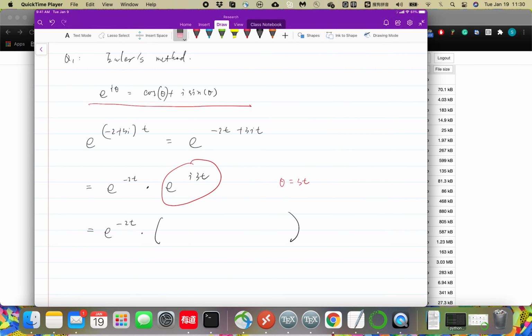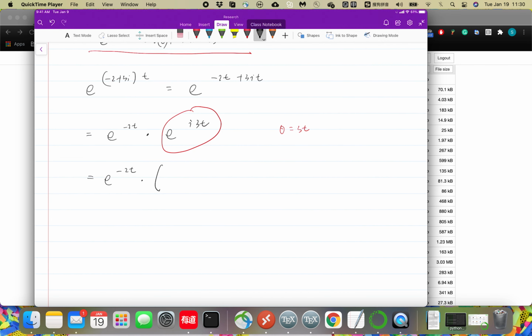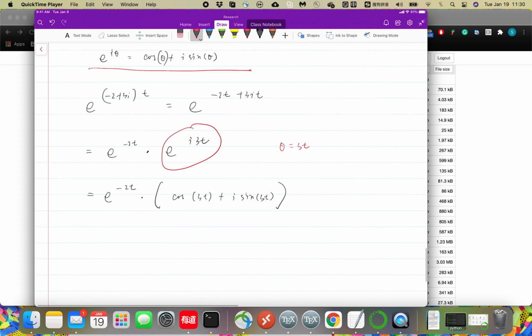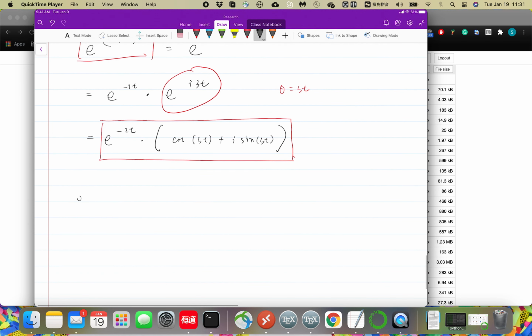Therefore, the whole exponential here involving i can be rewritten as cosine theta, where theta is 3t, plus i sine 3t. So this equals that. Okay. Or more precisely, we can write down the general format, that is e to the (a plus bi)t should equal e to the at times (cosine bt plus i sine bt).